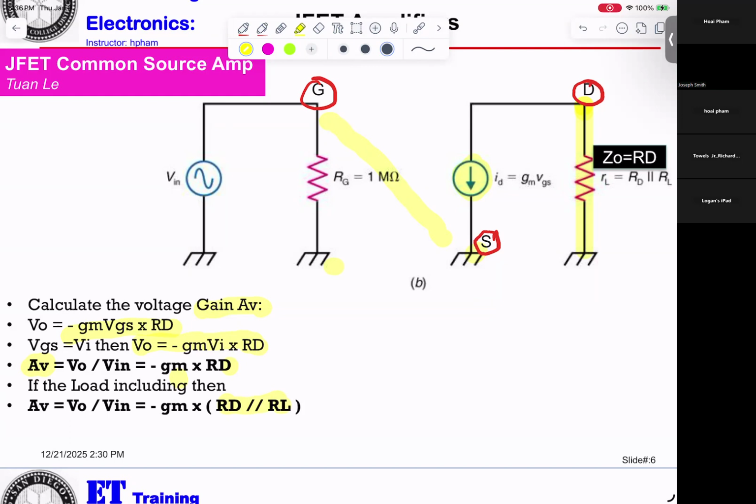In this case, we don't have a load, so that's why they times RD only. So normally, to me, you don't have to memorize the formula, but you try to understand the circuit.